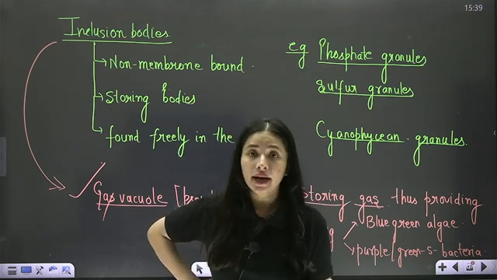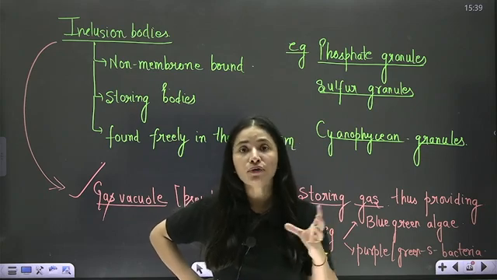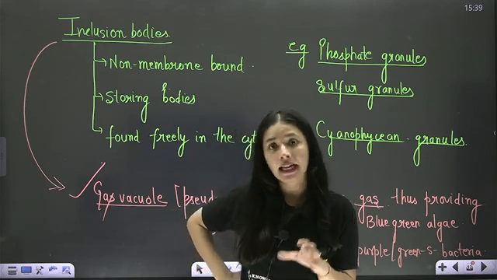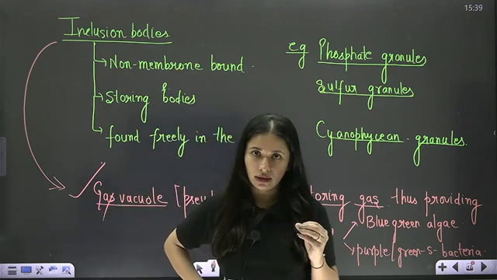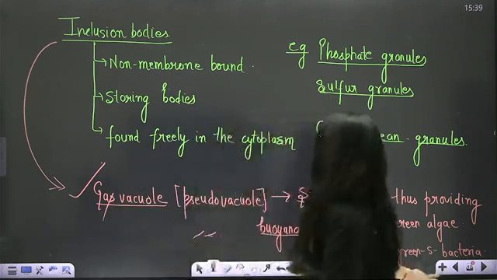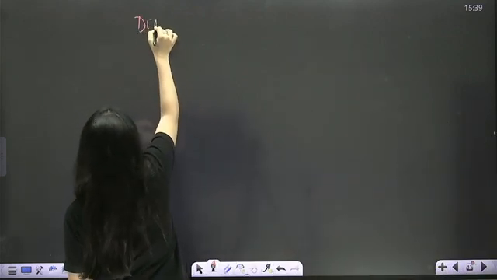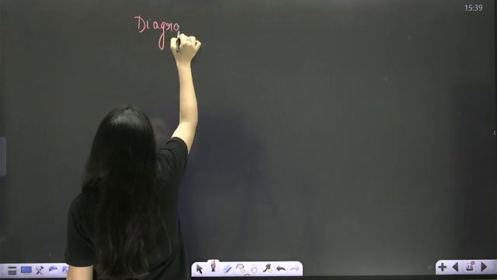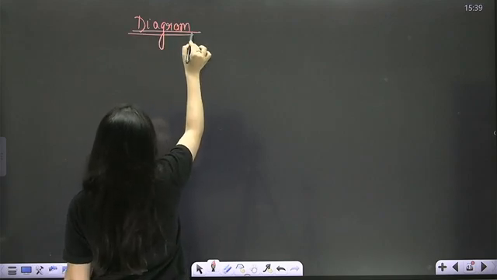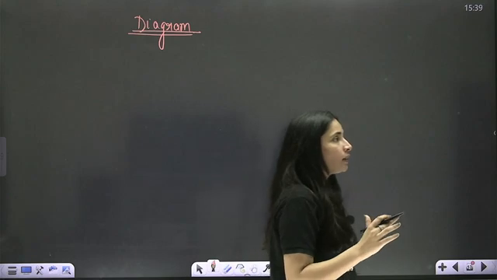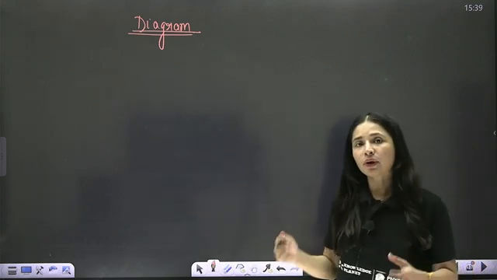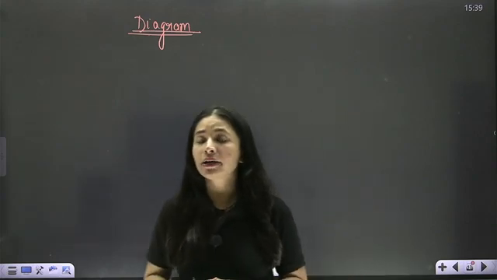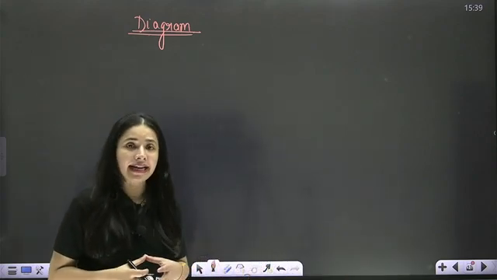Now let's try to draw the diagram of a typical prokaryotic cell depending upon the information which we have collected so far, right? So now we are going to draw the diagram of a prokaryotic cell. Now, starting with the envelope, right? A prokaryotic cell is surrounded by how many layers of cell envelope?